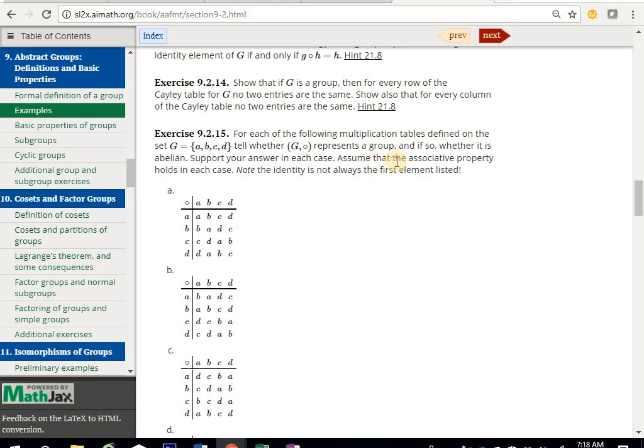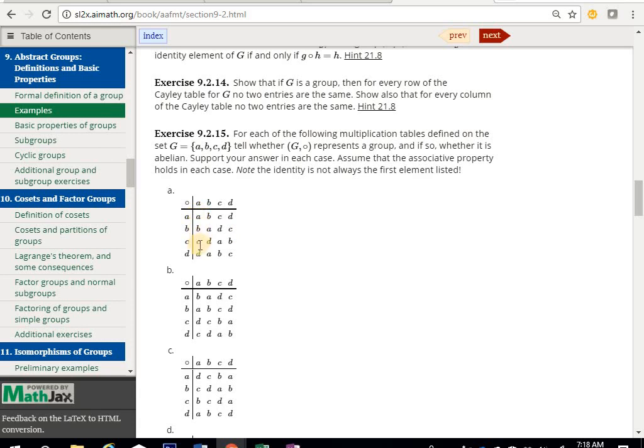Now notice that you can assume the associative property, so you don't need to check that one.